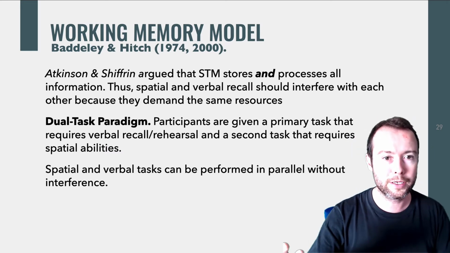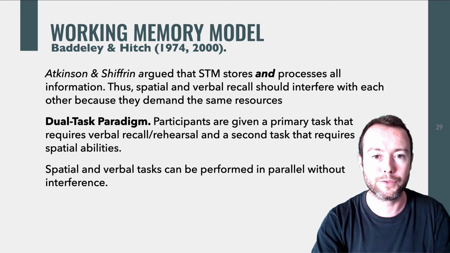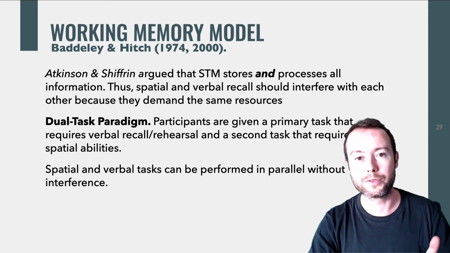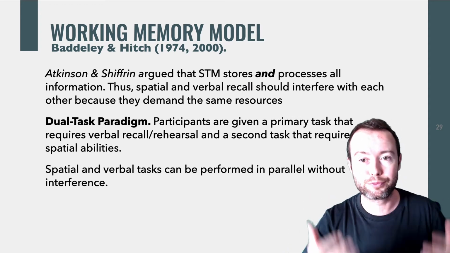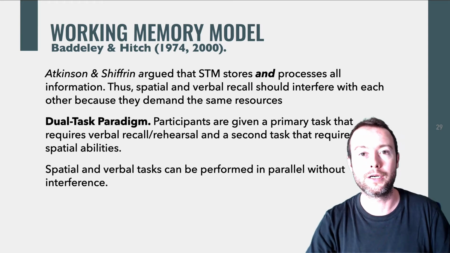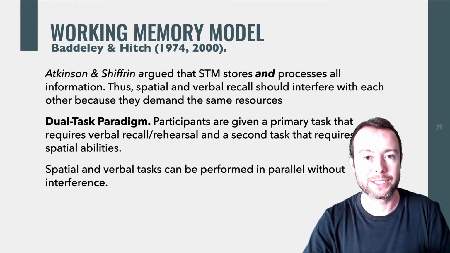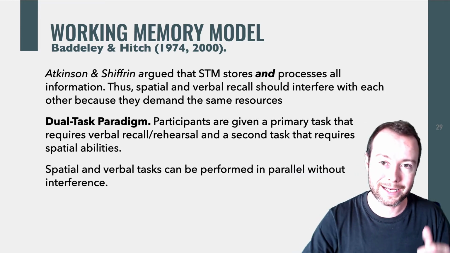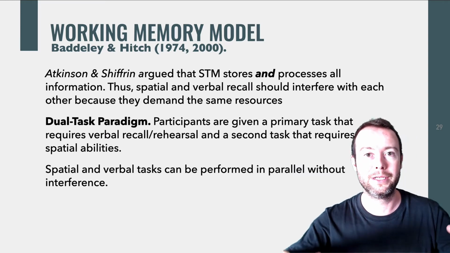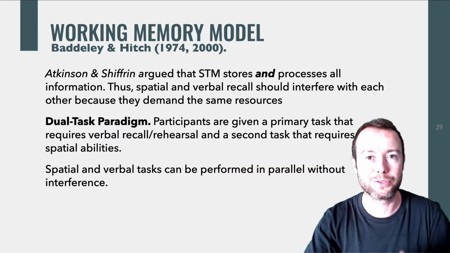Now, the multi-store model of Atkinson and Shiffrin also proposed that short-term memory both stores and processes information across both modalities. In other words, we're storing phonological and visuospatial information in one single short-term memory store.